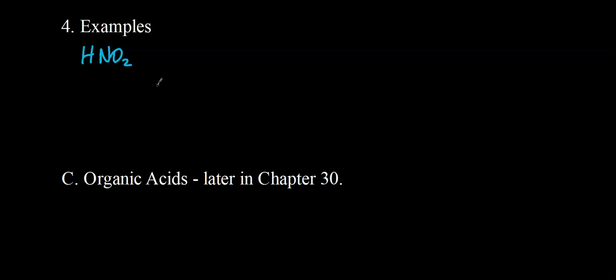So what is the polyatomic ion in this acid? Well, NO3 minus is called nitrate. NO2 minus, that has one less oxygen. If it has one less oxygen, it's going to have the ite suffix. So NO2 minus is called nitrite. HNO2 is called nitrous acid.